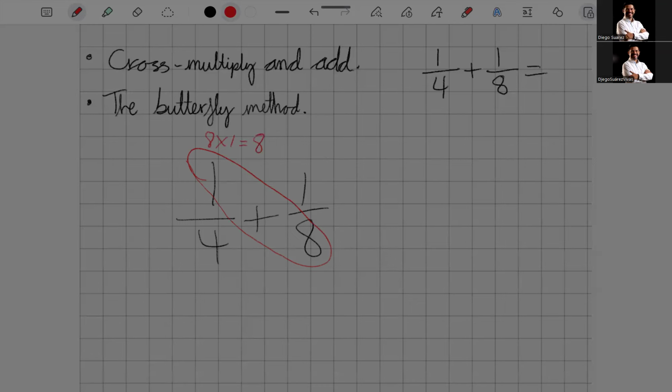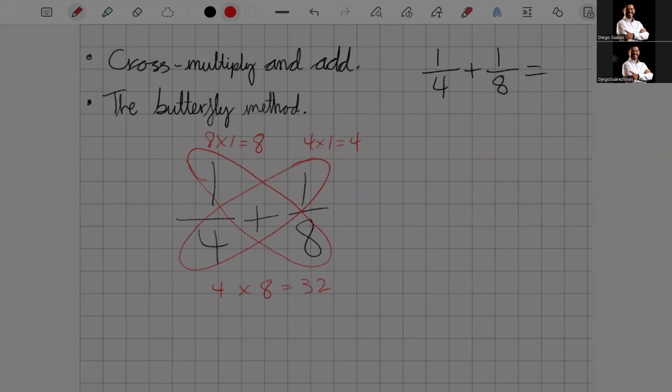Then 4 times 1 equals 4. You can do this mentally too, so it won't take longer. Now we multiply both denominators, 4 and 8. So 4 times 8 equals 32.